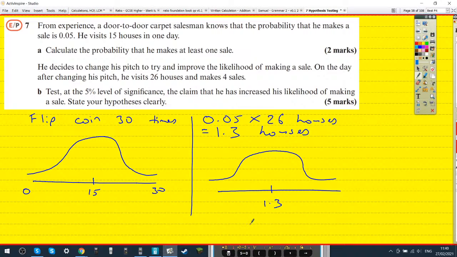He tried his new sales pitch, and he sold to 4 houses. So well done, he sold 4 houses.